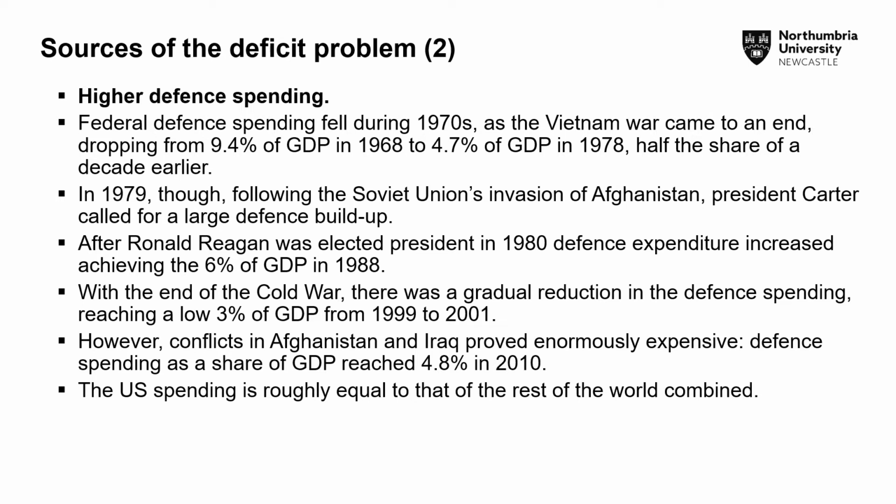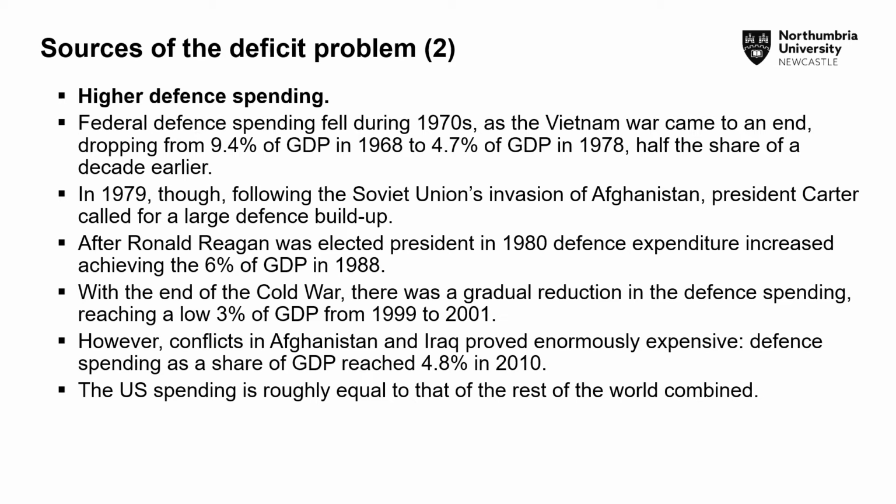Next, we have the issue of wars. Wars cost money. So there was high defense spending during certain periods of time. Specifically, federal defense expenditure fell during the 1970s as the Vietnam War came to an end. So we saw a drop in defense expenditure from 9.4% of GDP to 4.7% of GDP in a matter of 10 years.